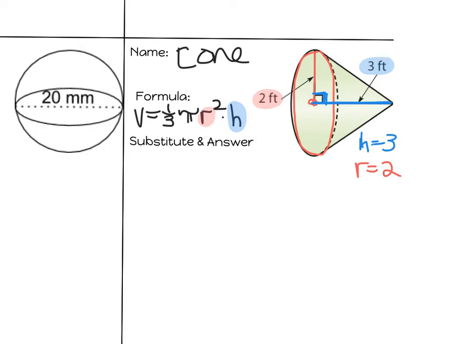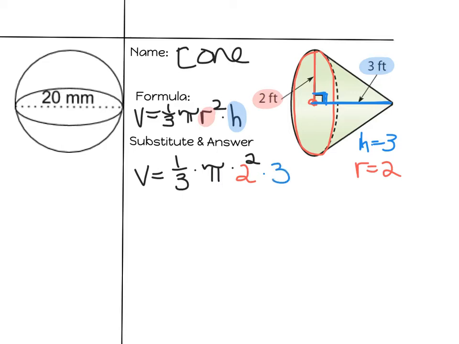So now we can go ahead and plug these in. I'm going to start rewriting my formula. Volume equals 1/3 times pi times our radius, remember, is 2, and we need to square that, and then times our height, which is 3.